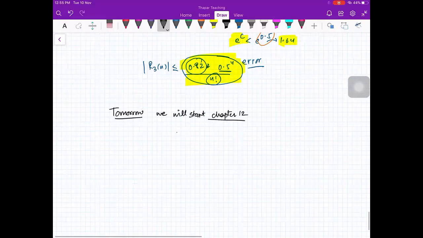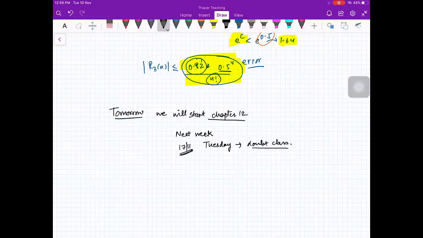Next week we don't have a class on Monday because it is a holiday. Tuesday we have a class and we will have a doubt class most of the time. We'll teach a little bit and then go for the doubt class. So you can complete this chapter and bring your doubts on Tuesday, that is 17th November. Is that okay, beta?